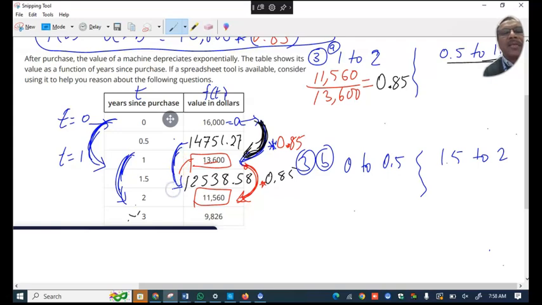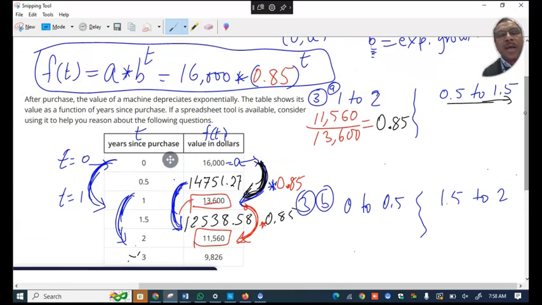So this is the question, correct? So this time, what are we dividing now? For 1.5, it is 12,538.58, divided by 14,751.27. What do you get here?